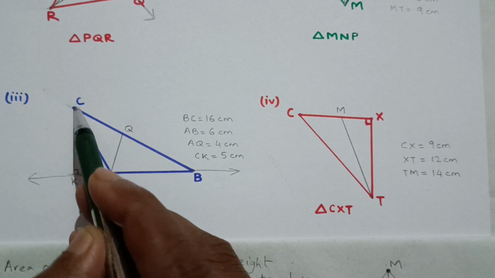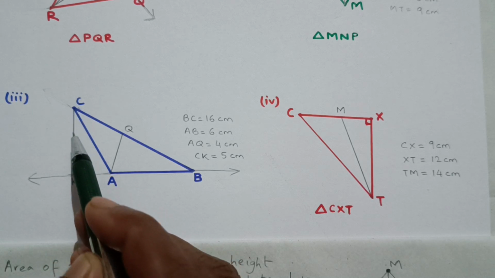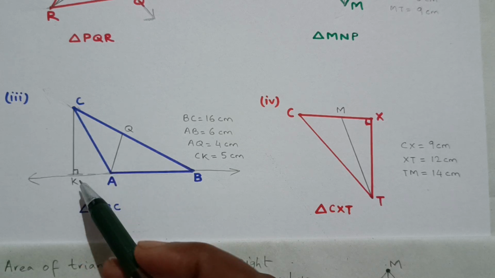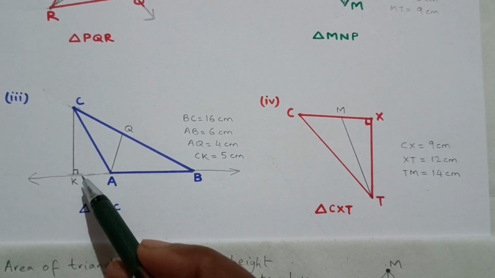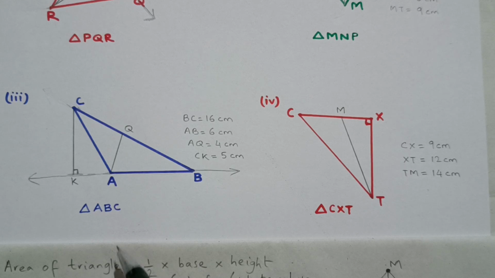So the corresponding height will be the line segment which starts from C such that it meets AB at 90 degrees. And that line segment is CK. So CK is the corresponding height for base AB.